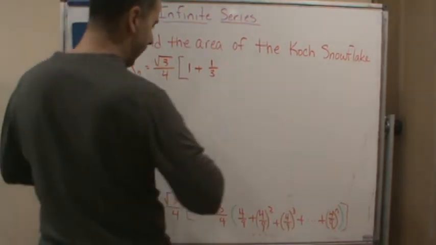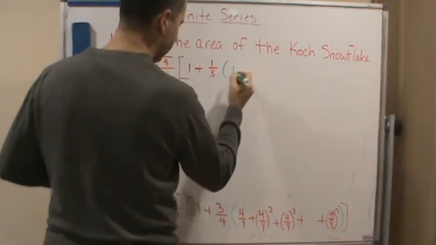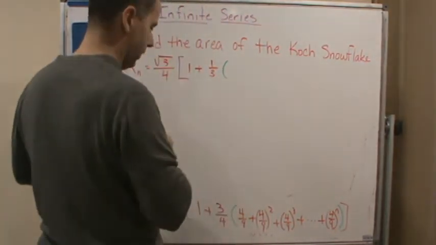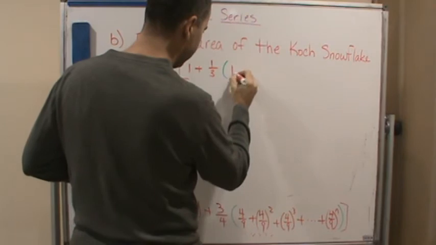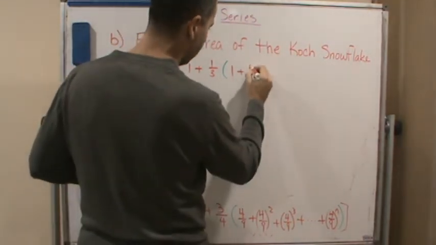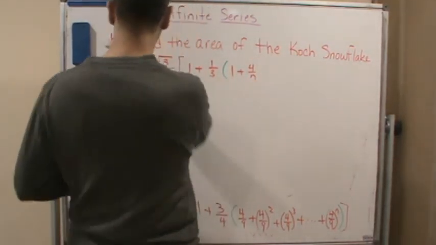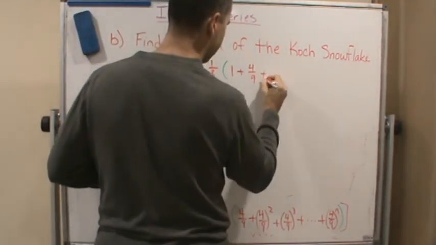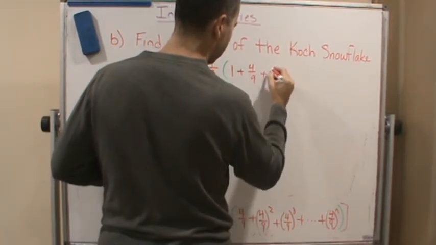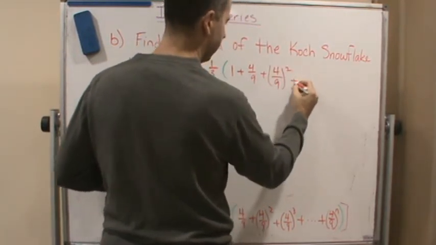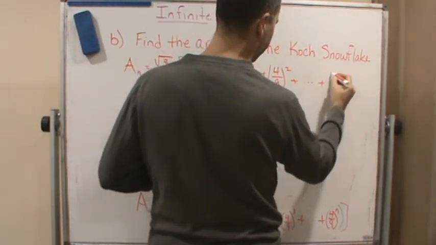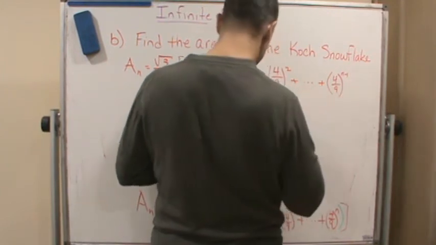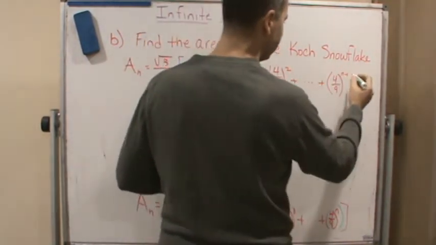And then what I have in brackets is going to be 1 plus 4/9 plus 4/9 squared plus all the way to 4/9 to the n minus 1.